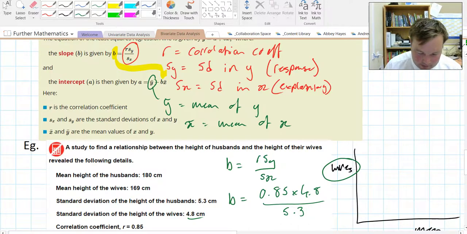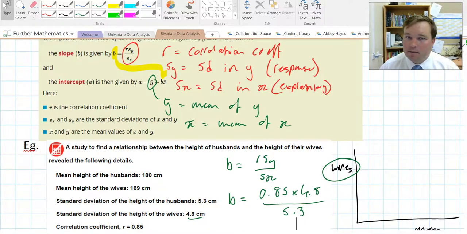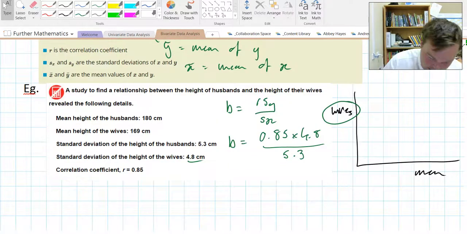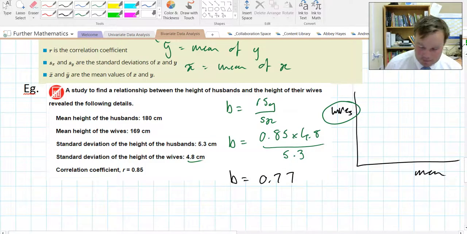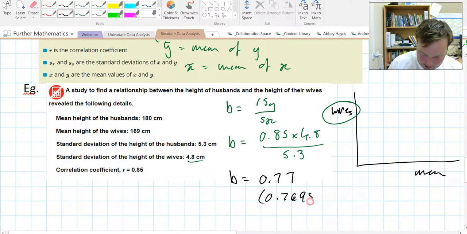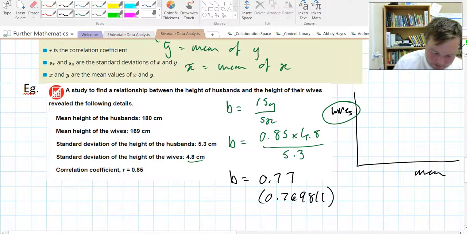And we calculate that. Give me 1 second to calculate that. Alright, so b is equal to 0.77, we'll go to 2 decimal places. And then, however, for the calculation for the next part, we would use the full value of b, which is 0.7698111.